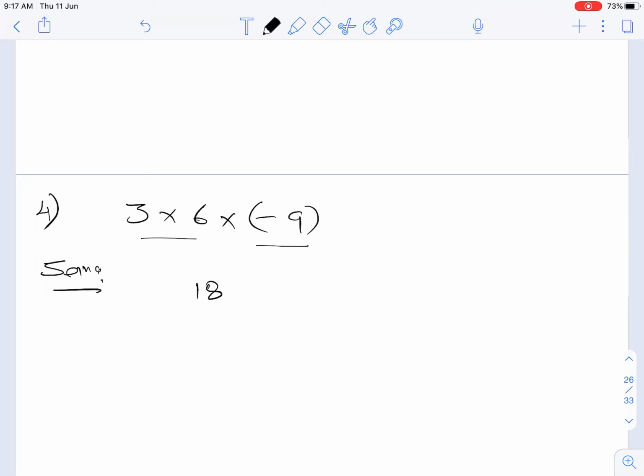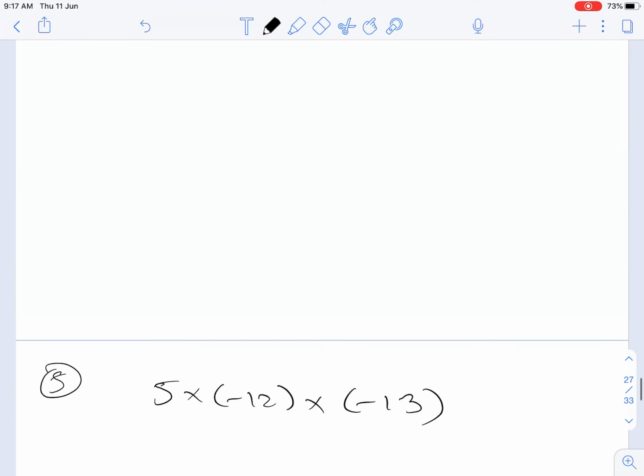Then 18 into our next number, minus 9, equals, now the sign of 18 is plus and 9 is minus, so opposite signs are multiplying each other. When two opposite signs multiply each other, we write the answer as minus. Now we multiply the numbers: 18 nines are 162. So this is our answer.